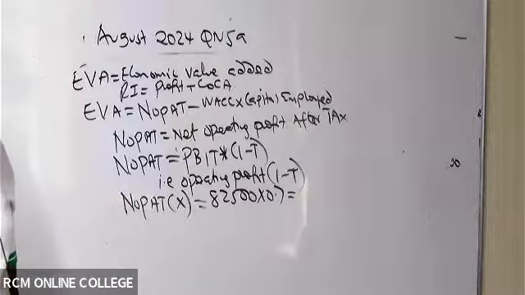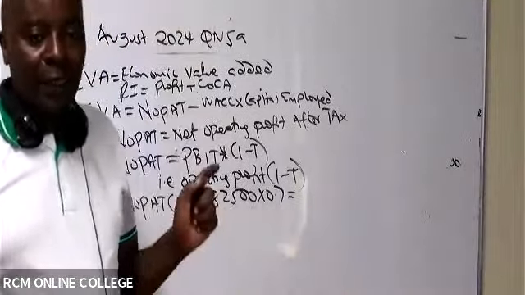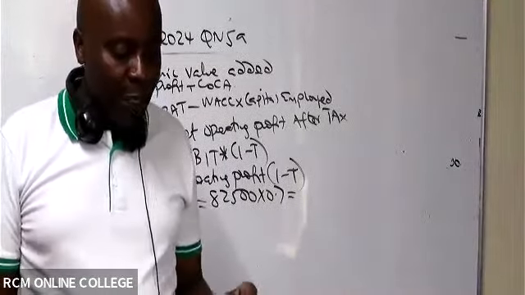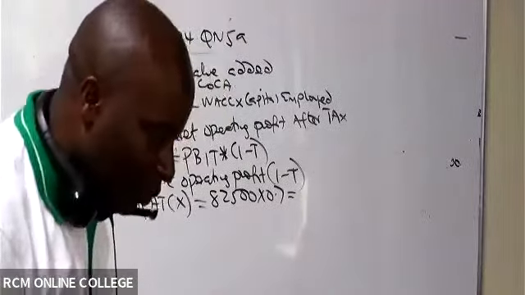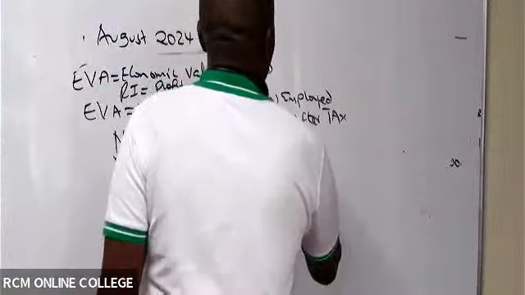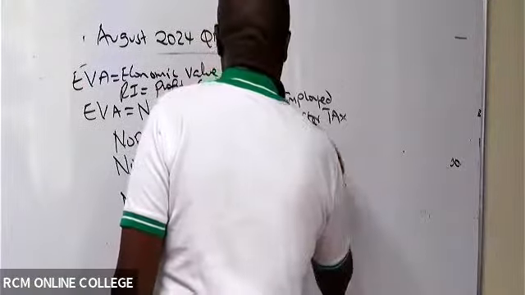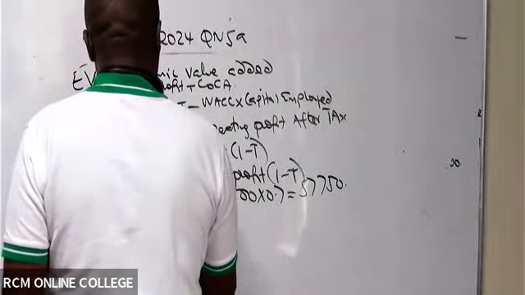I said 1 minus 0.3 because tax has been given as 30%, which gives me 57,750.